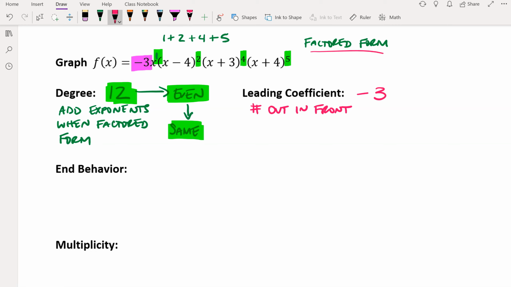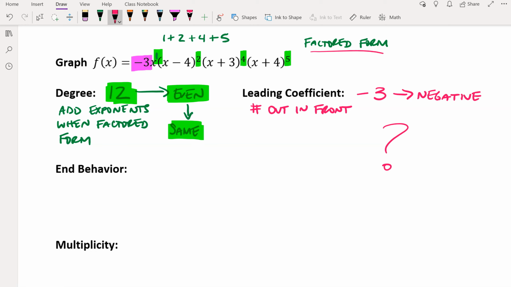And then did we care, leading coefficient, what did we care about? Did we care about even or odd? Or did we care about positive or negative for the leading coefficient? What do we care about? Go. All right, for leading coefficient, we care about positive or negative. So this is negative. And then I want you to tell me, which side did the leading coefficient tell us about?